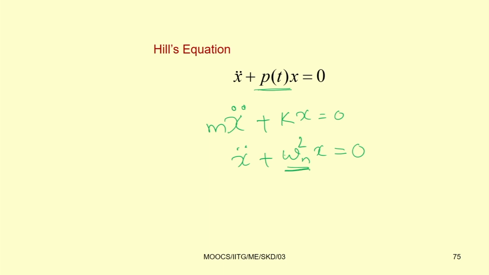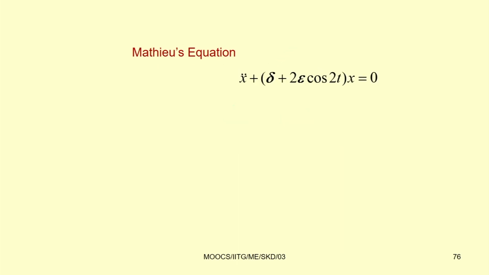Instead of a constant number, if it is a time varying function or time varying parameter, then this type of equation is known as Hill's equation, which I have previously introduced as that of a parametrically excited system.